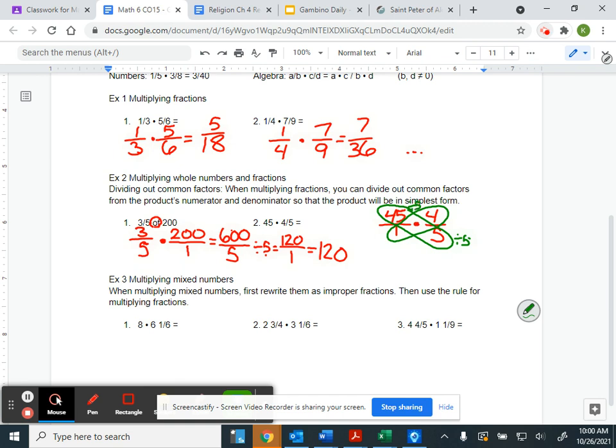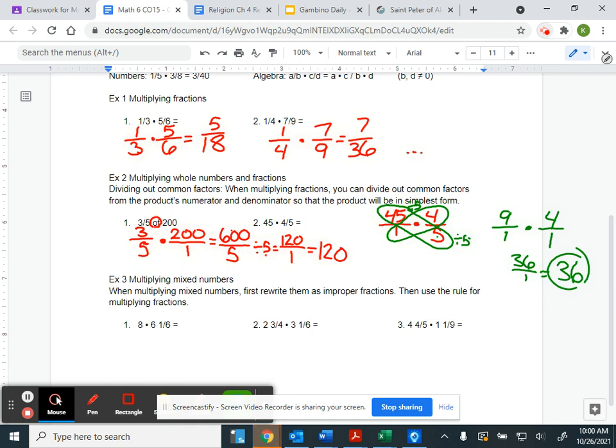So 45 divided by 5 is 9. 5 divided by 5 is 1. Is there a common factor I can divide out of 4 and 1? No. So those numbers stay the same. So now I look at it and say 9 times 4 is 36. 1 times 1 is 1. So my answer is 36.